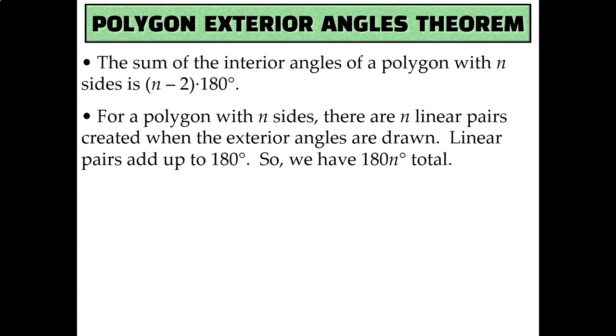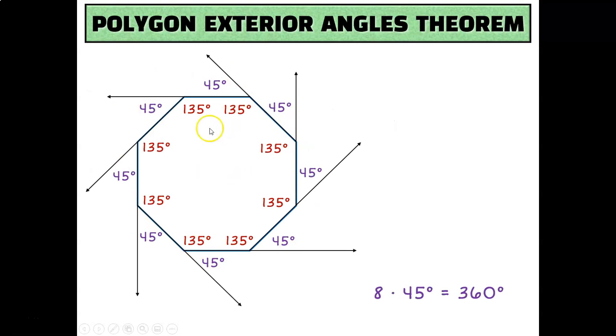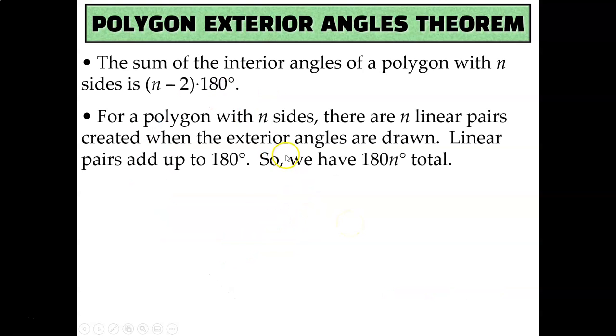And there's going to end up being n linear pairs whenever you draw each of your exterior angles. For example, in this 8-sided figure, we ended up with 8 linear pairs from each of the exterior angles that we drew. So I could say that each of these adds up to 180, and there's 8 of them. So I would say 8 times 180 gives me that total measure of all of my linear pairs put together. So that would be 180n degrees total from our linear pairs.